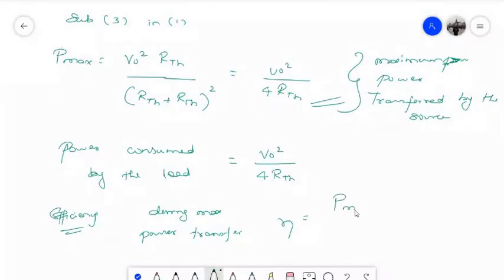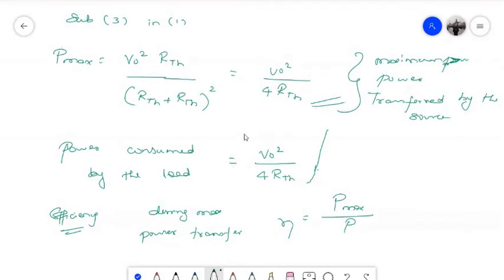So this efficiency is expressed in terms of percentage of P max by P. So as I told you, this is the maximum power transferred by the source and the maximum power consumed by the load.